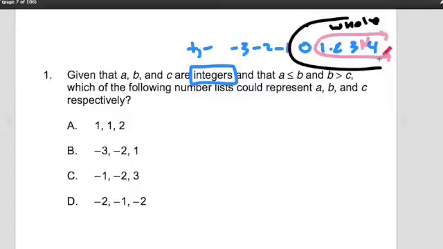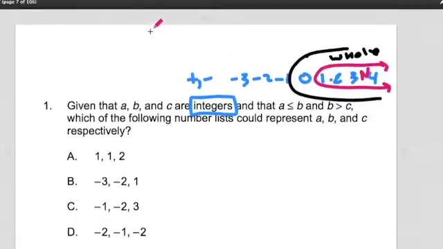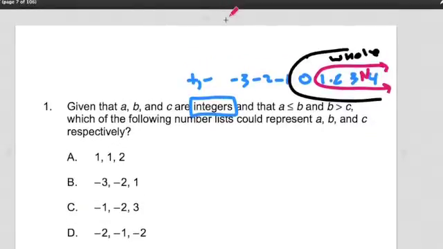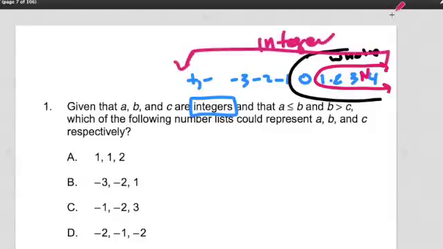Put a little n there for natural. And our integers, again, think of your integers as all the numbers out here represented that can be divisible by 1. These are all examples of integers here.